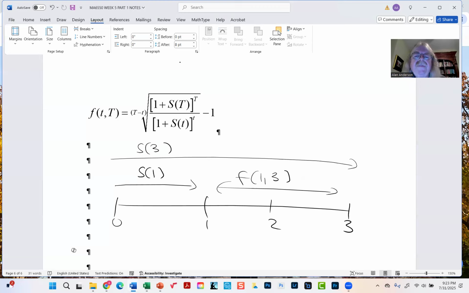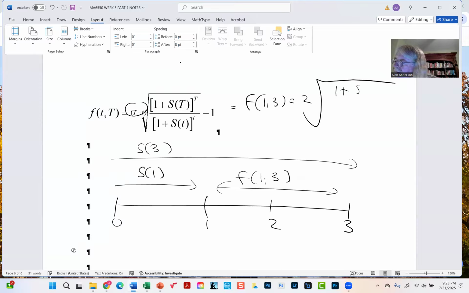do this one. In other words, this is a 2-year forward rate and it starts in 1 year because we're comparing the 1-year spot rate and the 3-year spot rate. So that means what we have here is that F1,3 equals the difference between these two: the square root of 1 plus S3 cubed over 1 plus S1 to the first, all minus 1.